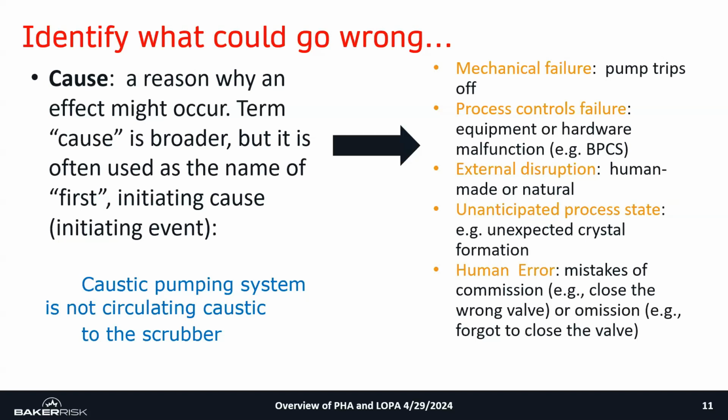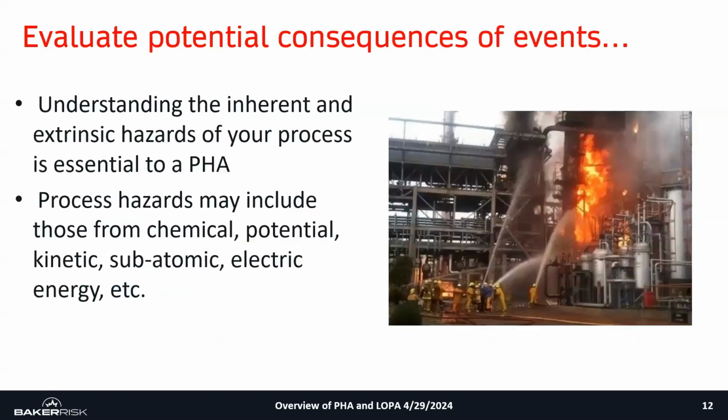Or another common one is the potential for human error. So, inadvertently closing a valve in the caustic system could result in losing circulation of caustic. So this just illustrates that you identify something that could go wrong, and then you look at all the possible ways in which that could occur.